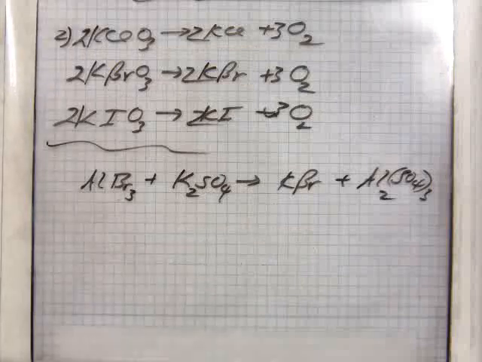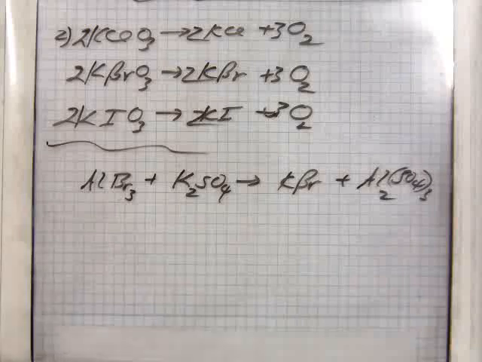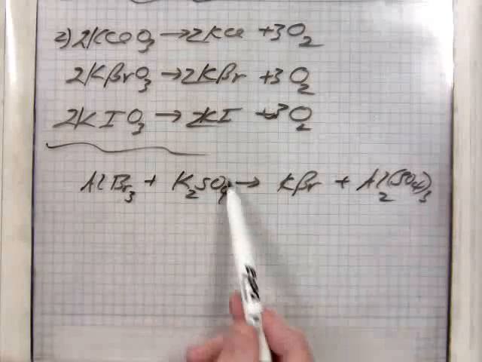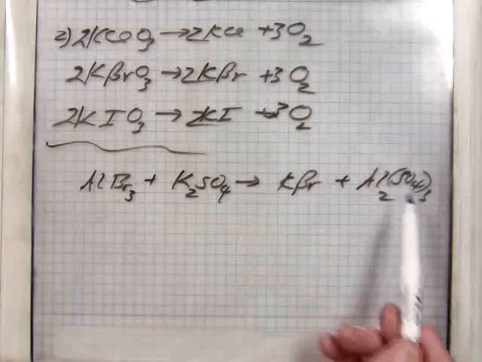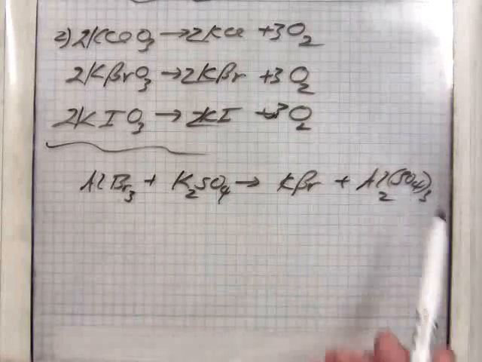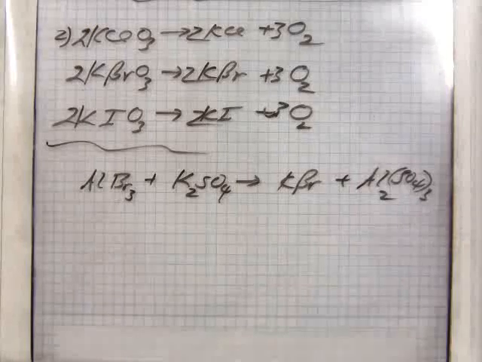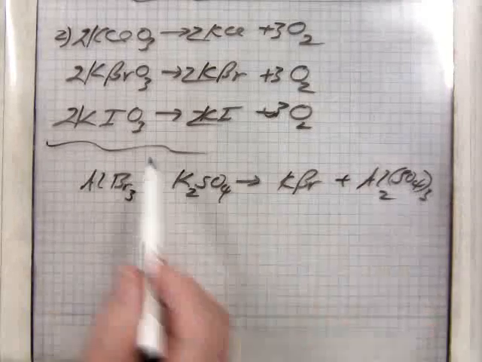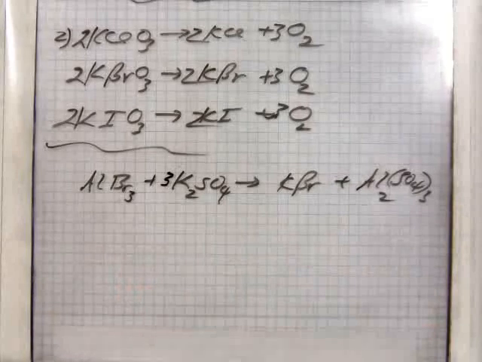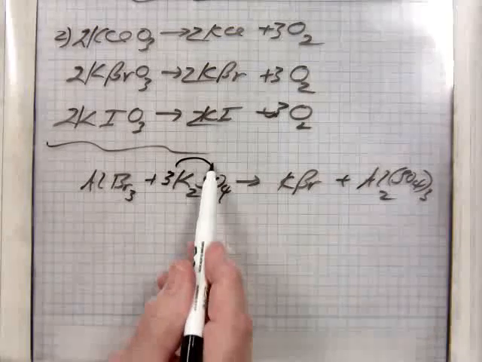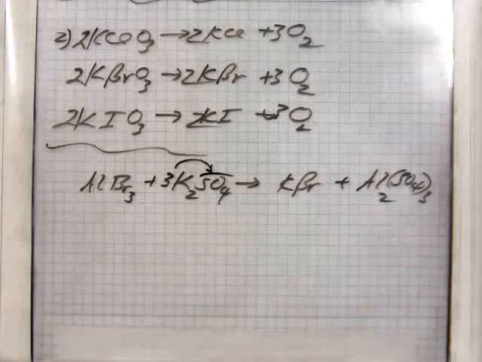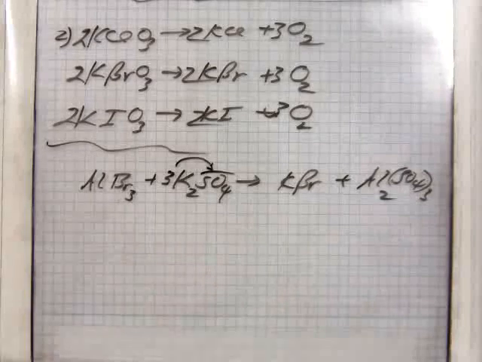So how do you balance something with a whole lot of letters in it like that? Balance it by polyion groups. What we're looking at here is one sulfate right here against 3 sulfates over here. This has to be given because aluminum sulfate has this formula. So if I have 3 over here, I can increase those by simply going here, because I'm increasing all of that polyion.